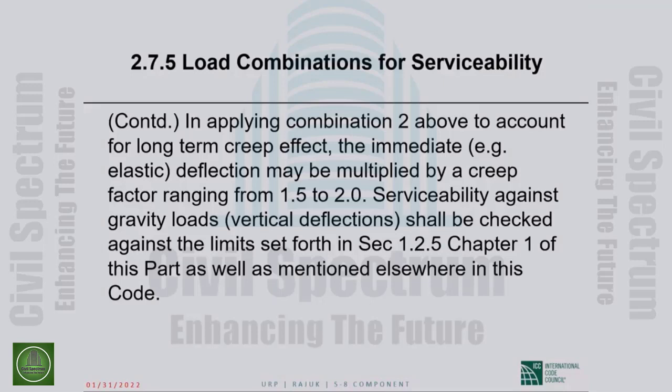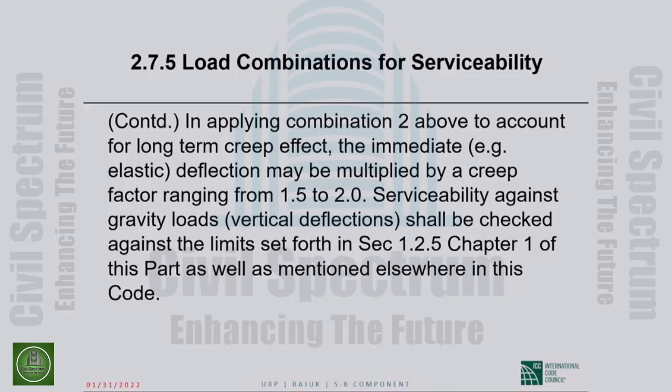This is similar. The long-term effect is 1.5 to 2 times the short-term effect. So in applying combination 2 above, to account for long-term creep effect, the immediate deflection may be multiplied by a creep factor ranging from 1.5 to 2.